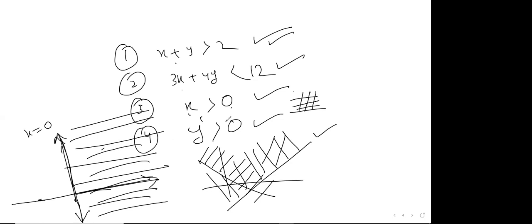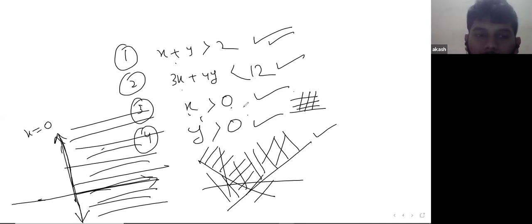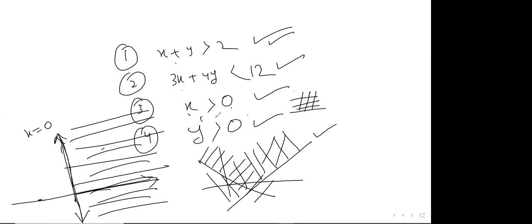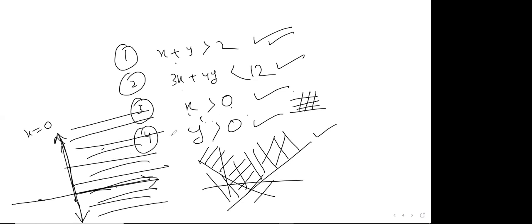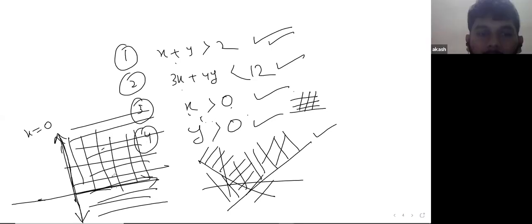Okay, sir. The same thing for y. Everything below x-axis or above? We need y as positive. Oh, so then it will be above. Okay, sir. Yeah, right. So this is the common area for these two, and other two lines also. You do and shade the area, and you will have your answer.